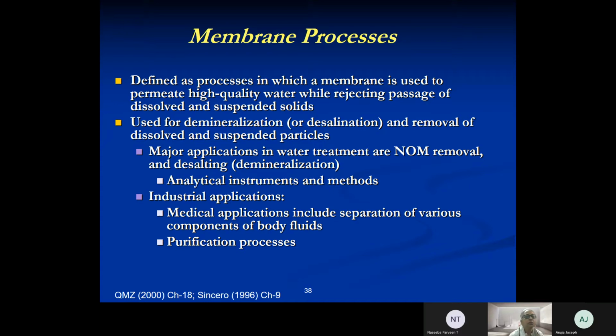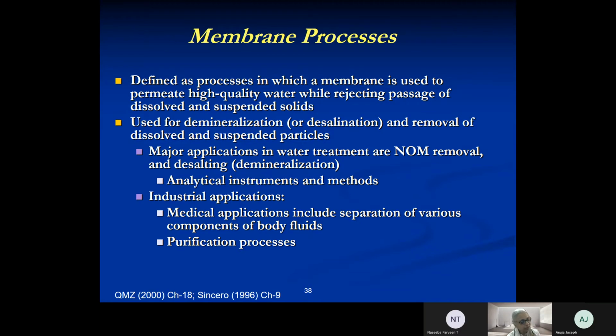What are the applications of membrane processes? I've already said that desalination, removal of salts, is the biggest one. The second one, which I mentioned while talking about disinfection: one of the problems with disinfection is that when you add chlorine to water, it reacts with NOM, natural organic matter.